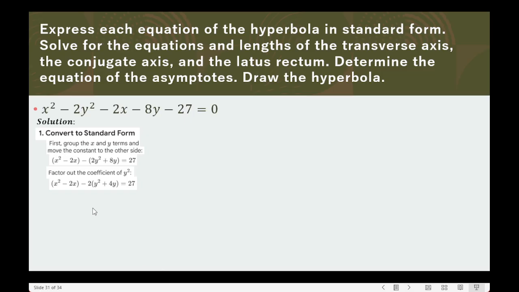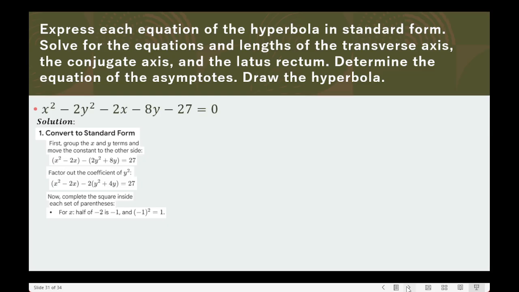We have just factored out 2 from this expression. Then, using completing the square, we complete the square of the expression inside each set of parentheses.